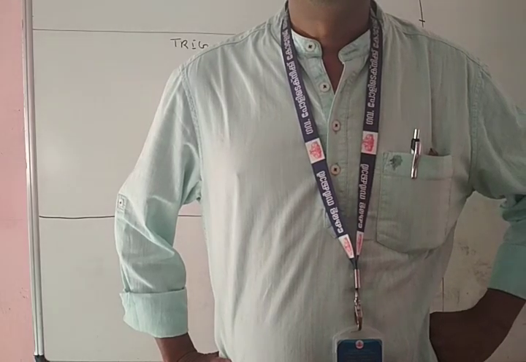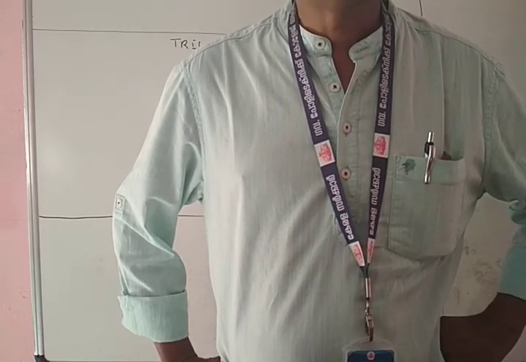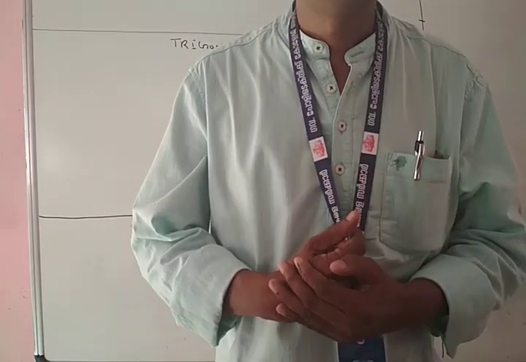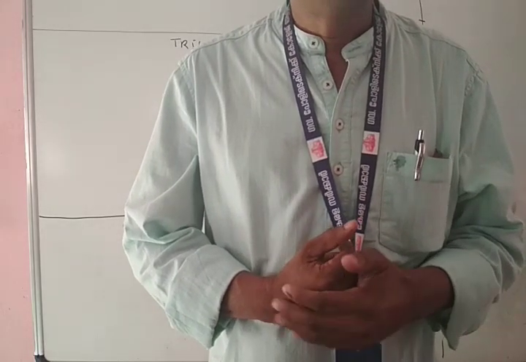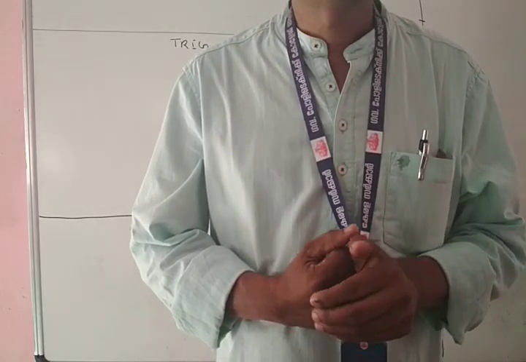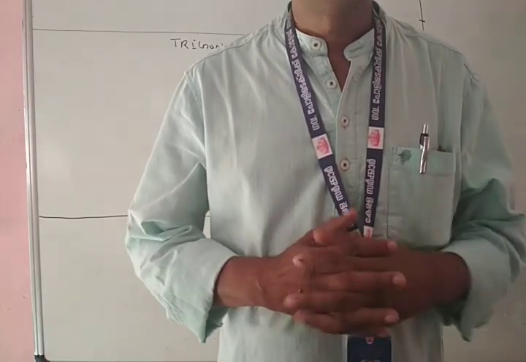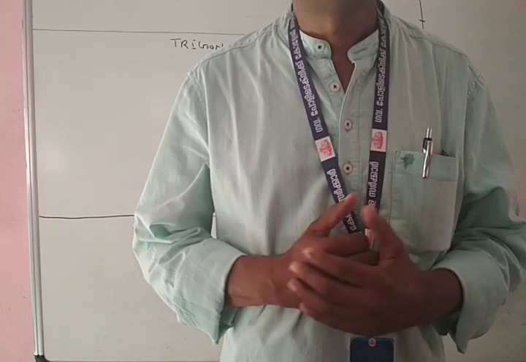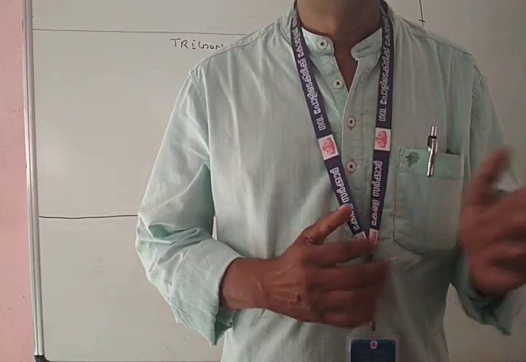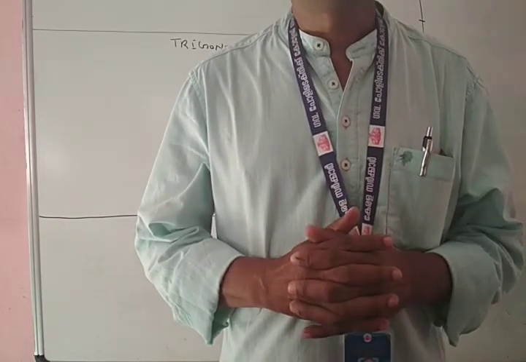And we proved three important identities: sin squared theta plus cos squared theta is equal to 1, 1 plus tan squared theta is equal to sec squared theta, and 1 plus cot squared theta is equal to cosec squared theta. And we solved 5 problems relating to the trigonometric functions.